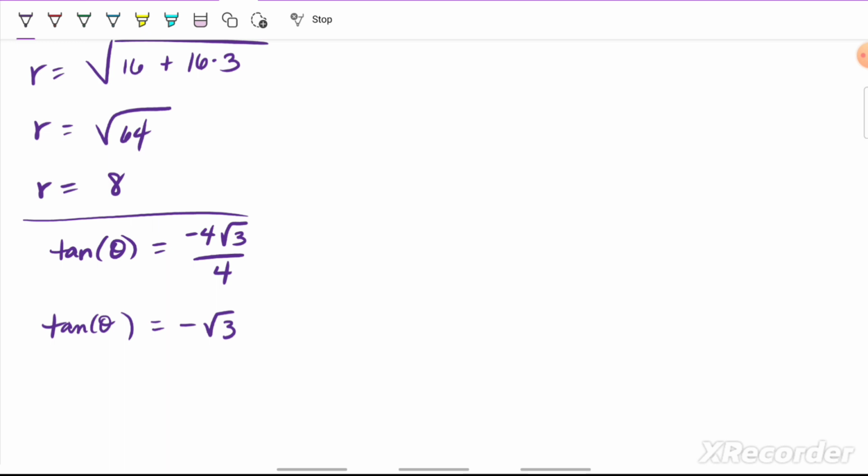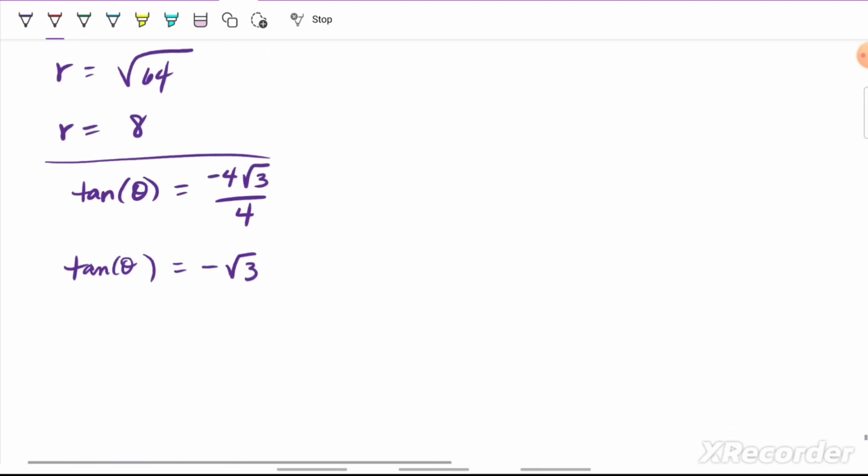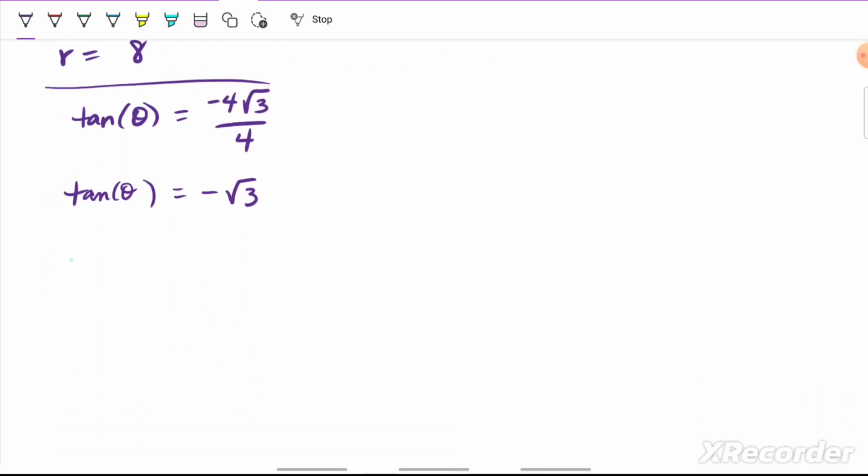We know that tangent is equal to negative square root of 3 in 2 spots, so we have to figure out which quadrant. And looking at our complex number, the x value is positive, the y value is negative. We're in quadrant 4. So the angle in quadrant 4 where tangent is equal to negative square root of 3 happens when theta is equal to 300.